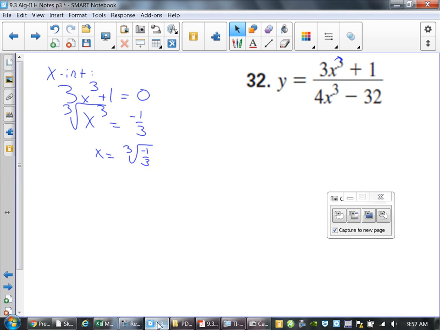Would we have our calculator for this part? Or no? No. Yes, you have to rationalize this, but you don't know how to rationalize a non-squared value yet. So if this was the case, you could leave it like that as your x-intercept.